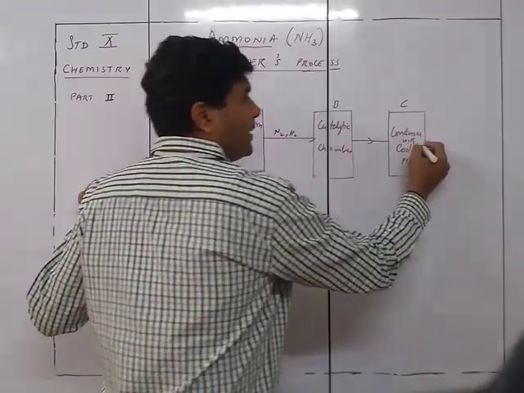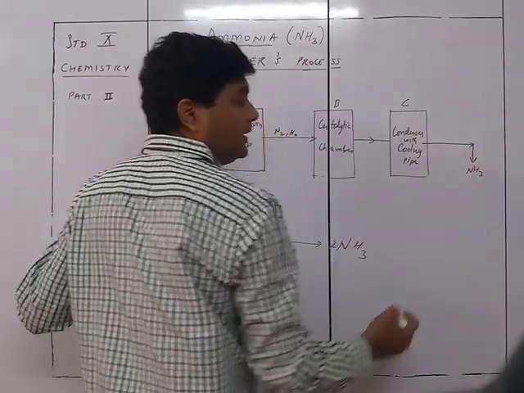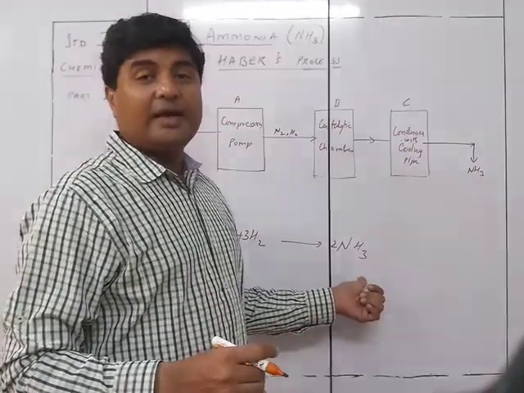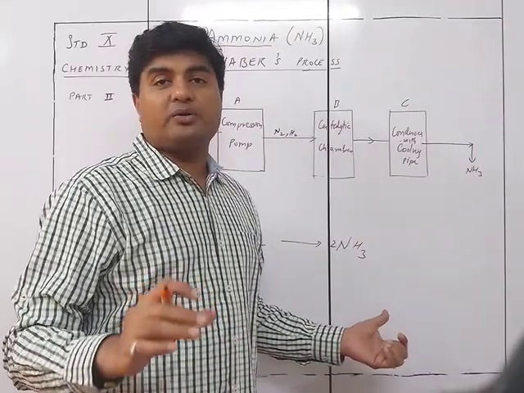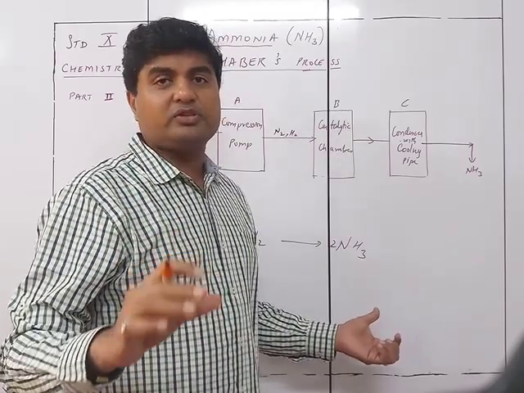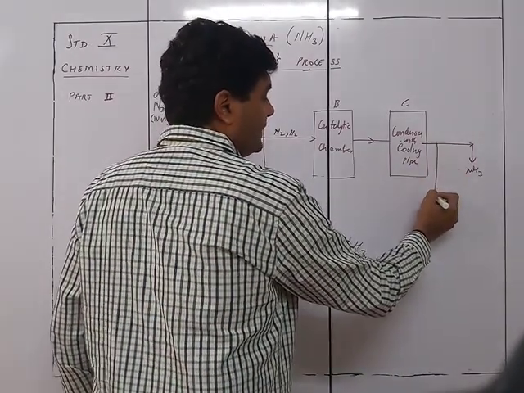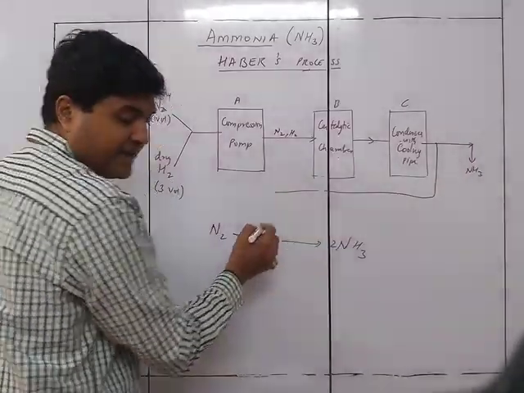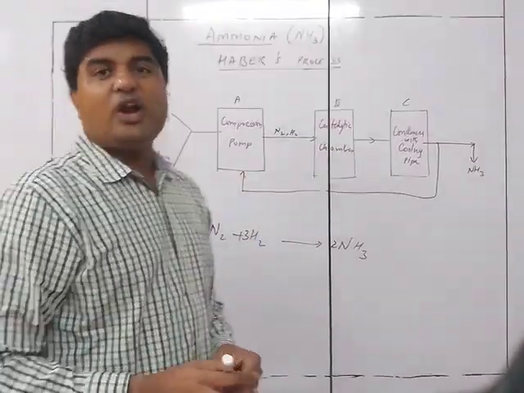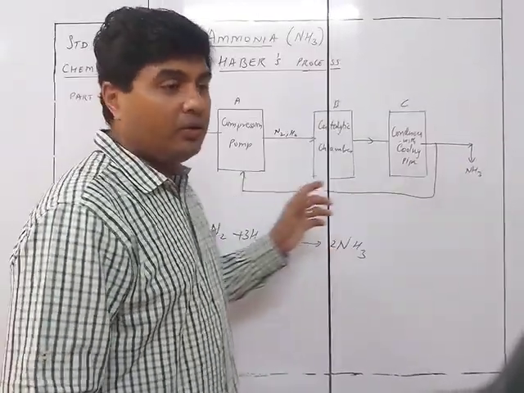On cooling, a part of it will be given out as NH3, but it is not necessary that the complete thing is going to combine to give you NH3. There will be a certain part of the nitrogen and hydrogen which will remain uncombined. That part is taken and sent again into the chamber, because we cannot lose the nitrogen and hydrogen which we have used.